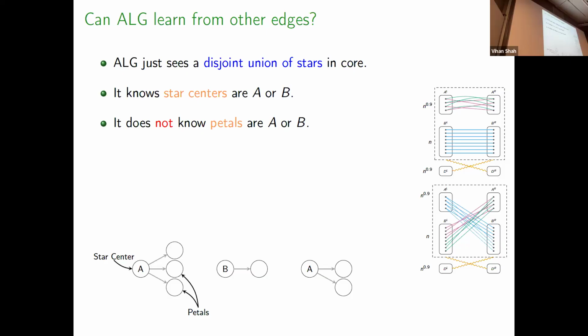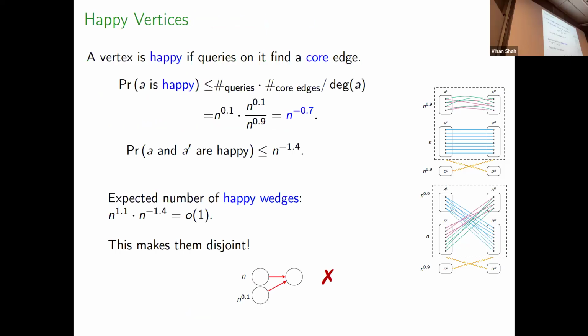And what I can do is like that was just sort of to give intuition, but now over here, I can do this calculation as well. What is the probability that a fixed edge is happy or not? And I'm saying when you make this n queries on a vertex, maybe one time it's going to go to A1, but over this randomness, a lot of the time it's not going to go over A1, it's going to go to these other ends.